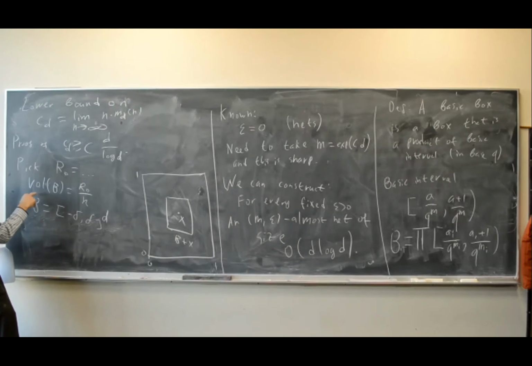Okay, so for each point of this set, I need to decide which coordinate I'm going to cut off. Imagine, for example, I had a point here.